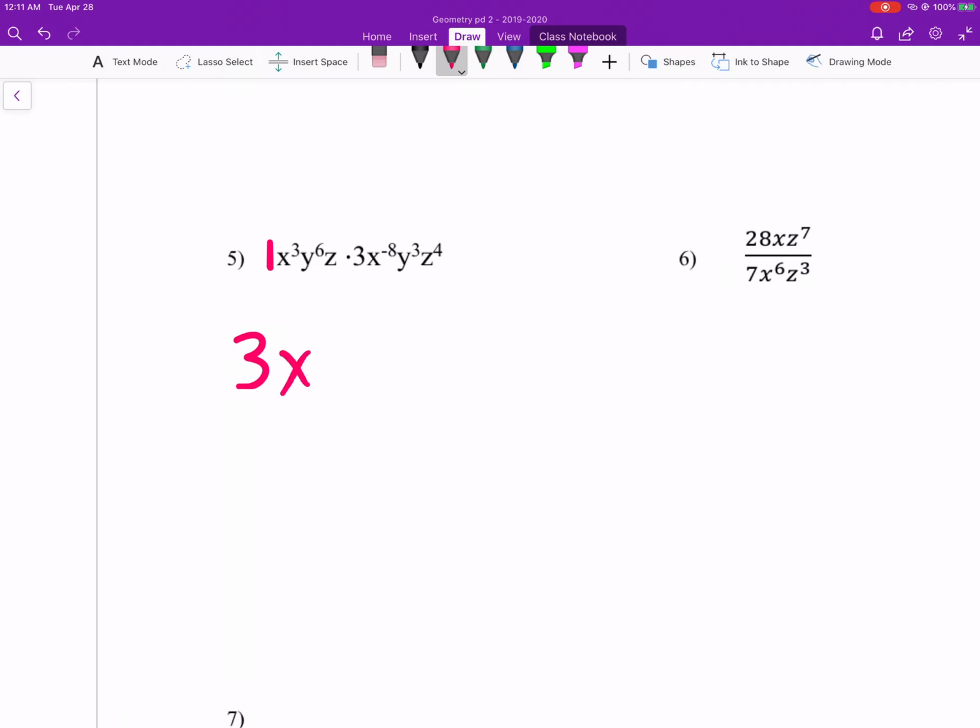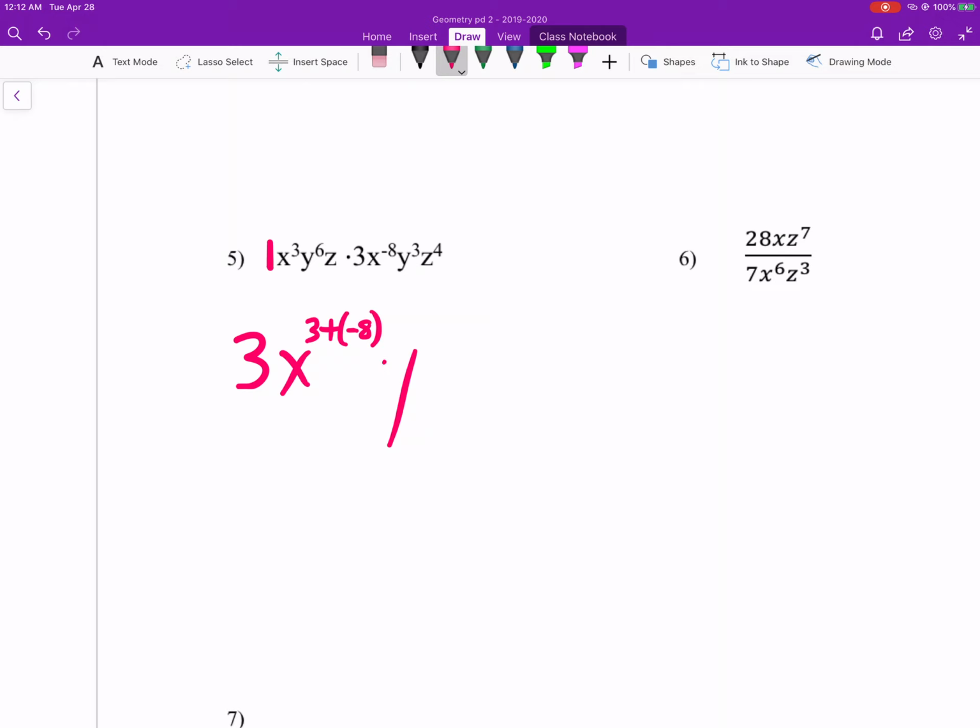Now, x to the what? So x to the 3 times x to the negative 8, which is what? So this is now x to the 3 plus negative 8. Now remember, we talked about if you don't know that, that's fine. Just use your calculator, throw it in GeoGebra, whatever calculator you want to use.